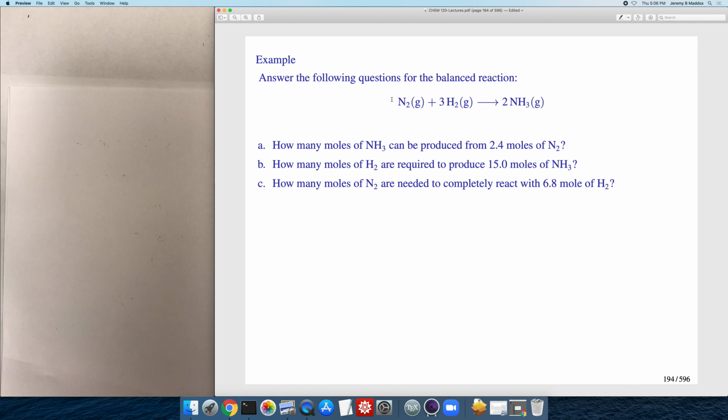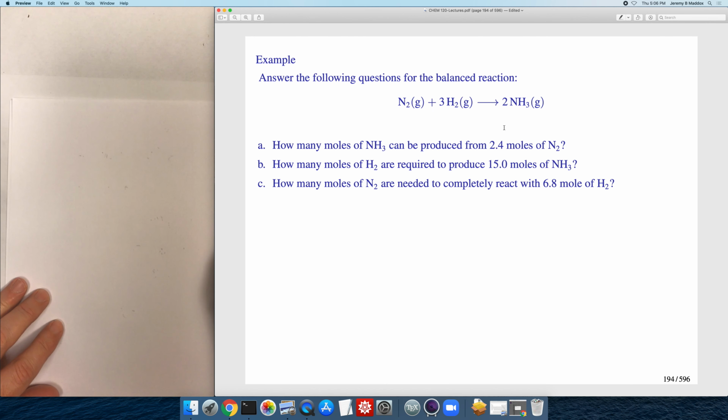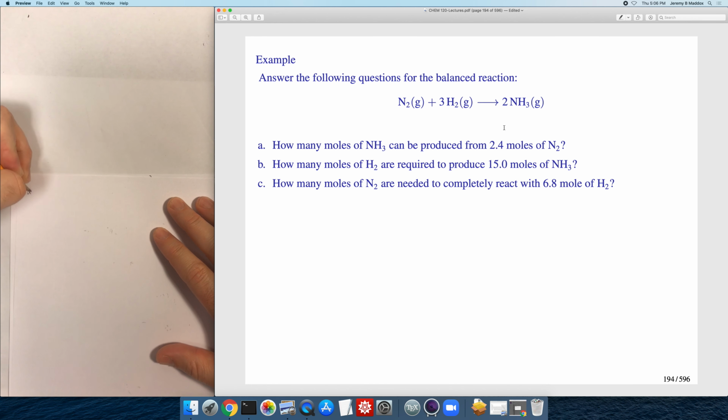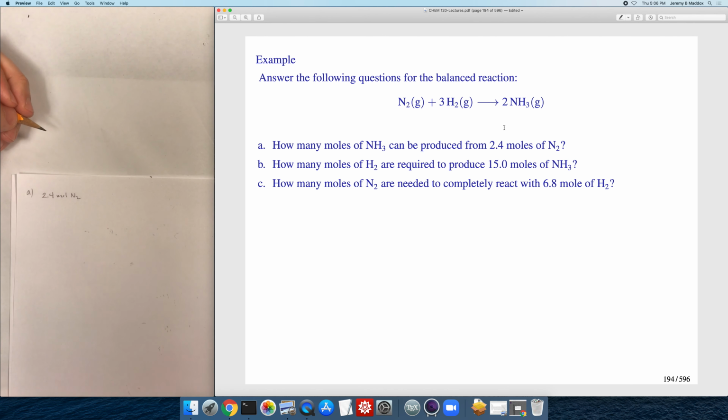So here we've got a chemical reaction, nitrogen reacting with hydrogen to yield ammonia, and we're just going to do some mole-to-mole conversions using the stoichiometric coefficients. So how many moles of ammonia can be produced from 2.4 moles of nitrogen? Well, we've got 2.4 moles of nitrogen, and we are going to use the stoichiometric coefficients to convert from nitrogen to ammonia.